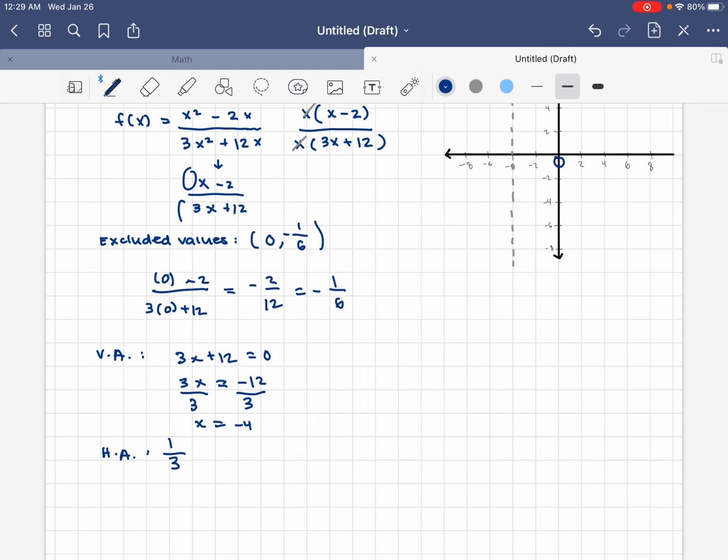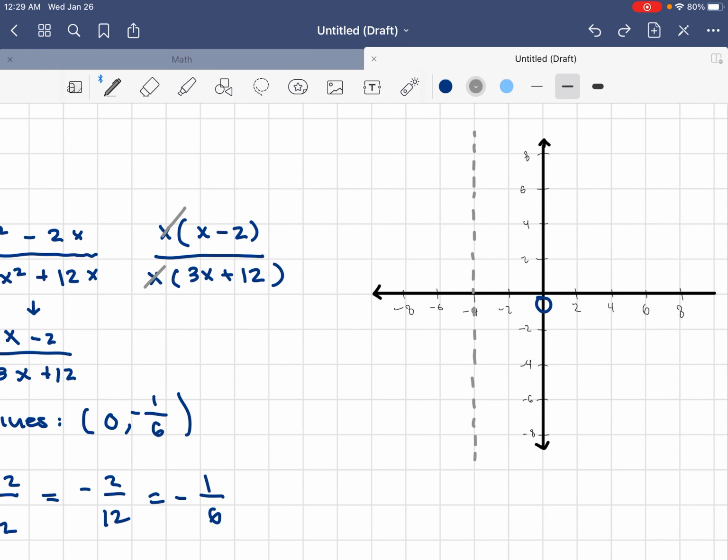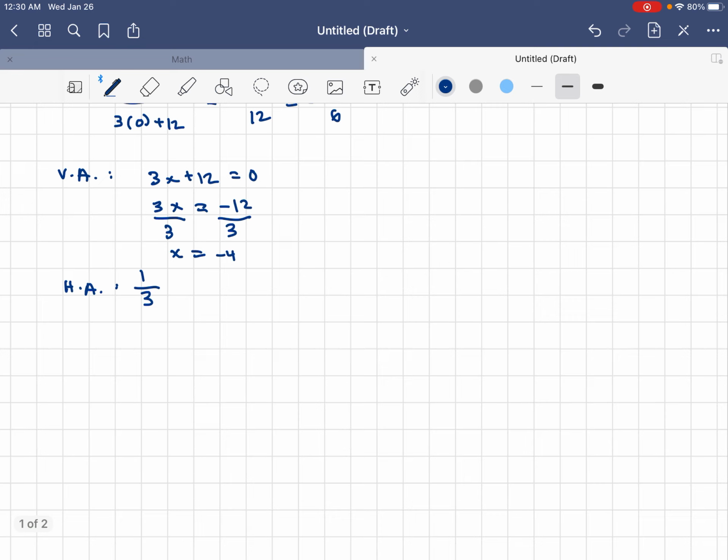So 1 over 3. So that's our horizontal asymptote. Let's add that to our graph. Okay, that's roughly what it is. So now let's keep going.